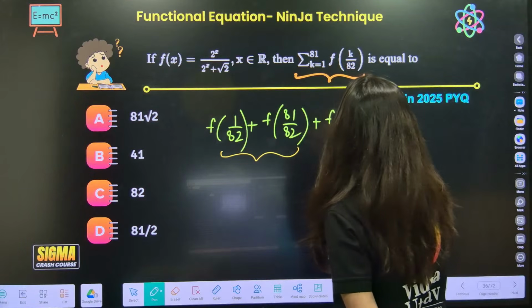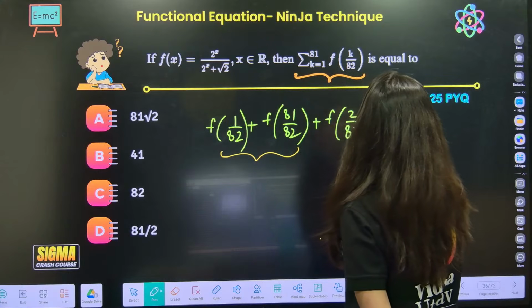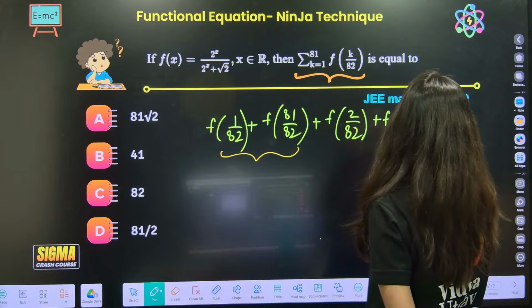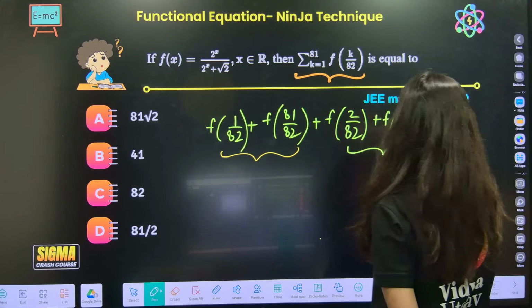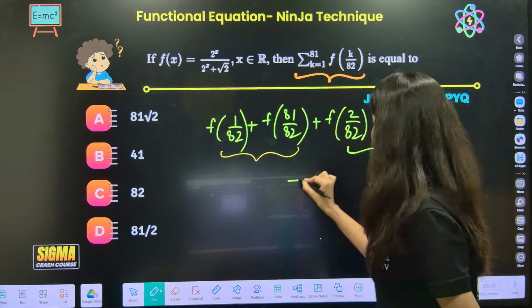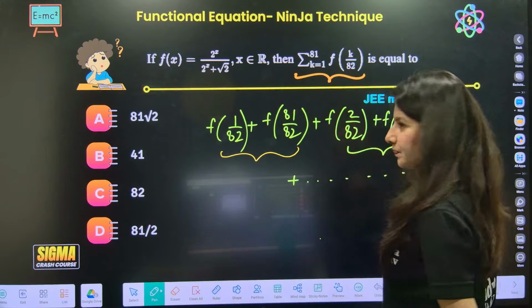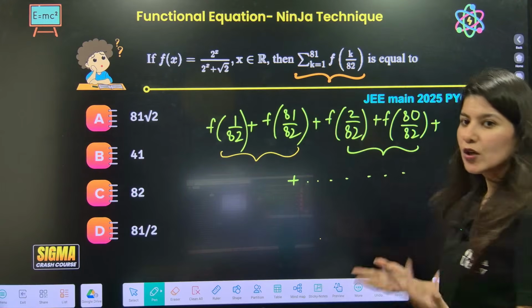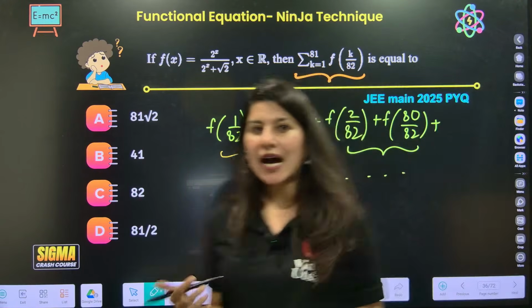Then f of 2 by 82, we are going to club with f of 80 by 82, my dear students, clubbed, okay? And so on. If you're going to make pairs, think about what will be the last pair.